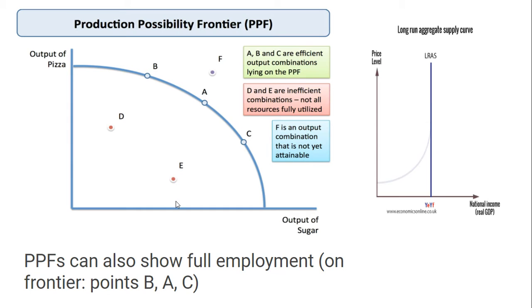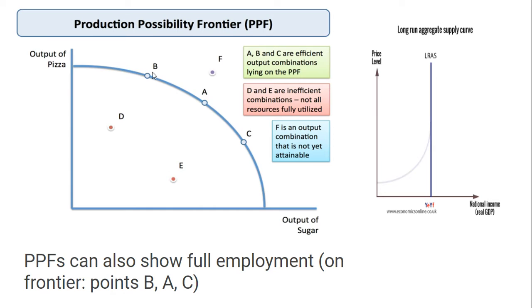You're not producing as much given your combination of resources, your land, labor, and capital, which we'll get into in a second. Lastly, see if you can identify a point that's not yet possible, and that's point F. It's good to understand where inefficiency is.